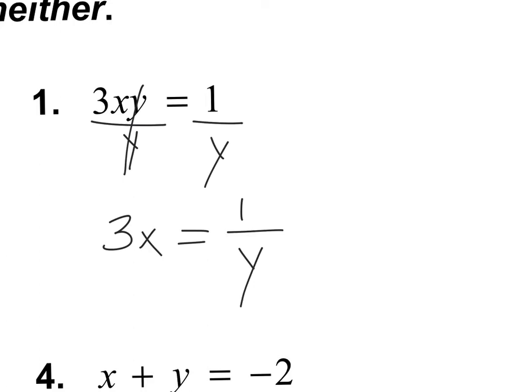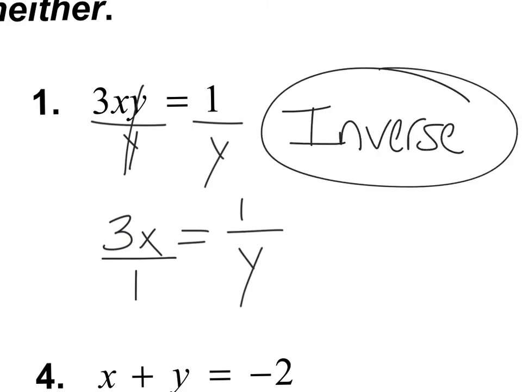We notice here that the x is on top, and if we were to make this a fraction, it'd be over 1. So the 3x is on top and the y is on the bottom. If x and y, being on opposite sides of the equal sign, are on different sides of the fraction line, this is inverse variation. You can just write inverse. So when you see them on opposite sides of the fraction line, that is inverse variation.